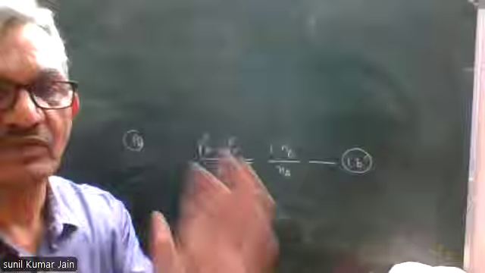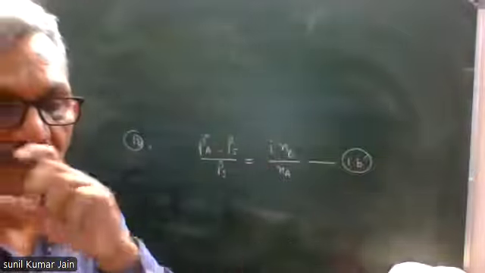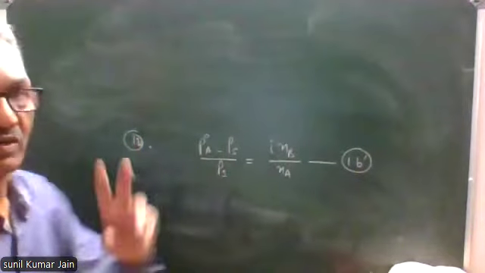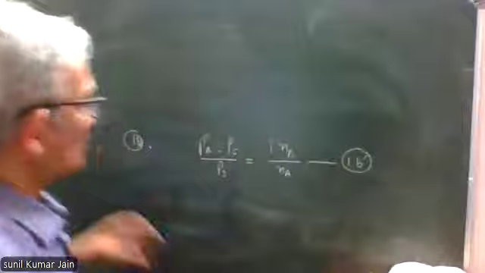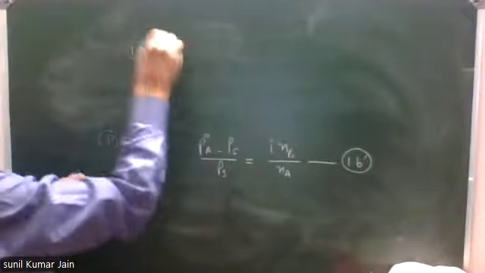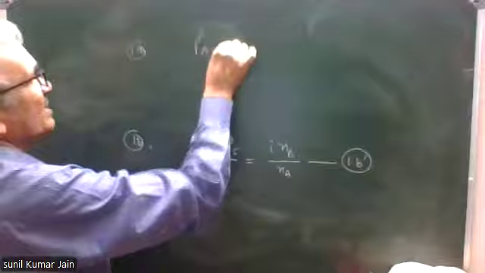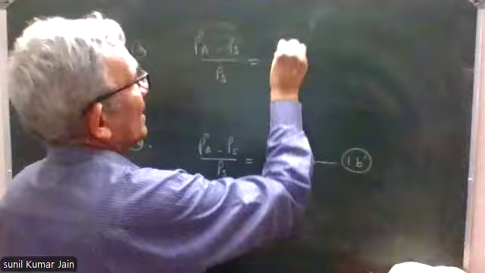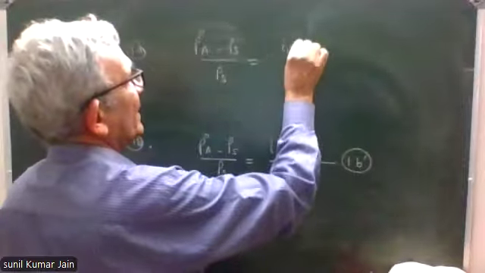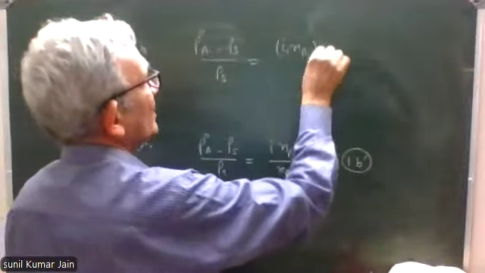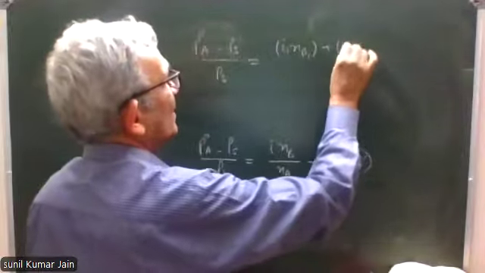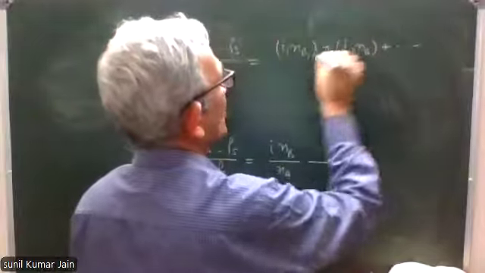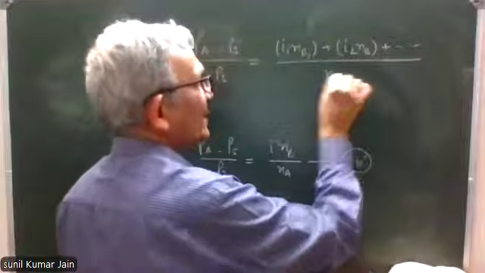Last, equation 1D becomes, 1D was for more than 1 solute. So 1D becomes: P naught A minus PS upon PS is equal to i1 NB1 plus i2 NB2 and so on, divided by NA.